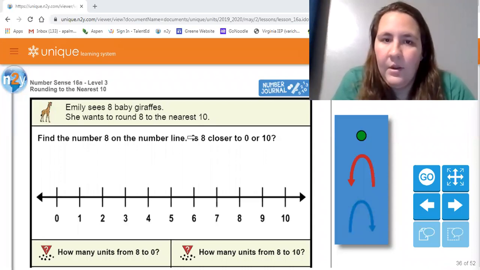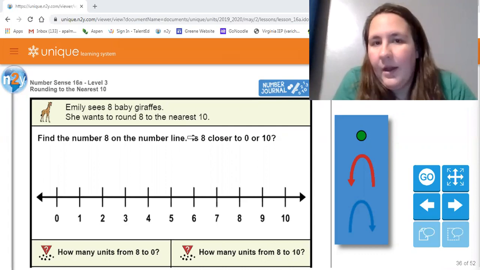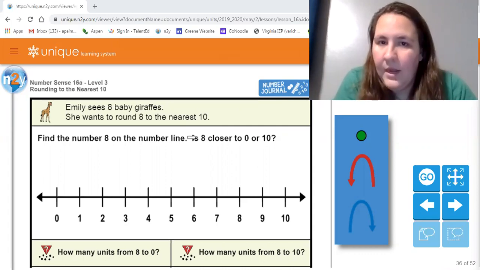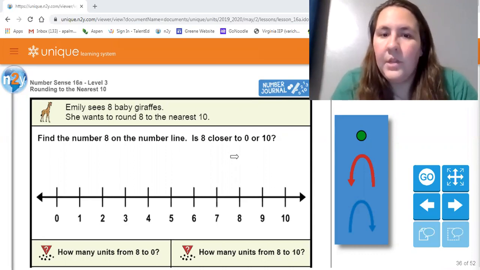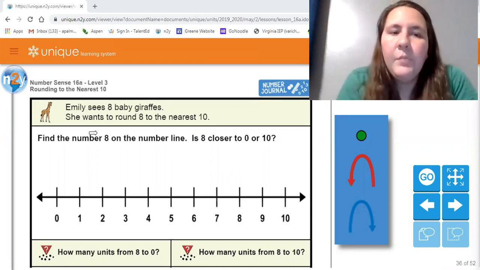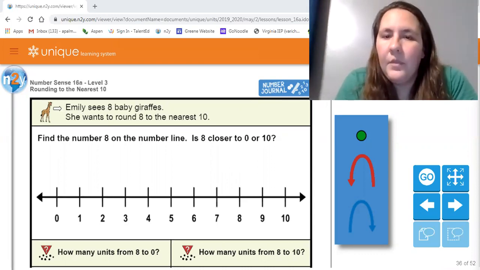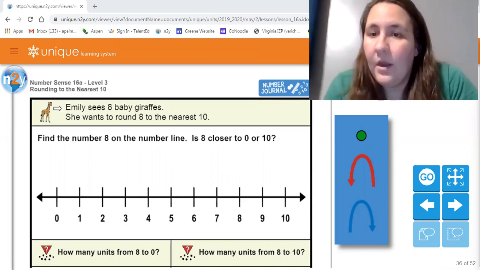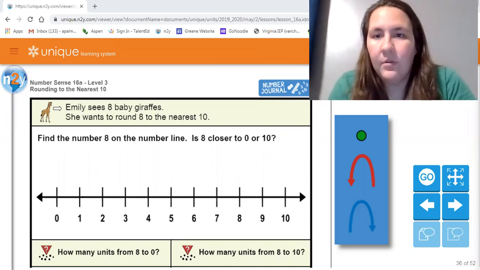We'll see how that works. I want to make sure that you guys can see where I'm at without having to write all over it. So first, we're going to read our problem up here, and then we will go through and work it on the number line and answer our questions, okay?